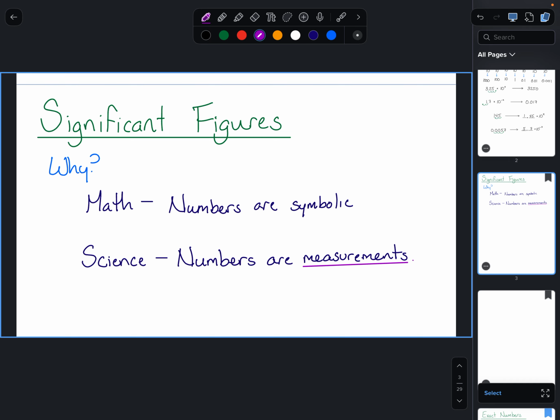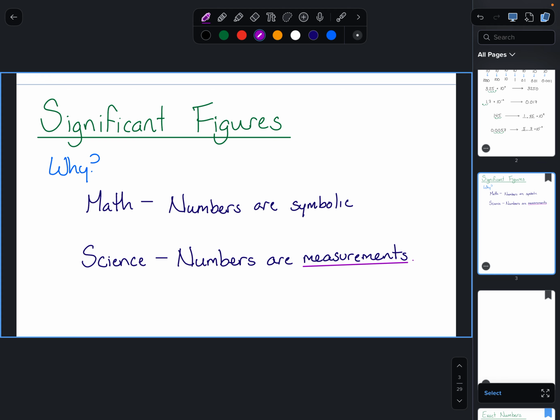You're never just going to have 2 floating around by itself. It's 2 grams or 2 centimeters or 2 liters. It always corresponds to some measured value. And we'll talk about what those units mean next class period. We got a bunch of different units depending on what it is we're trying to keep track of. But that's the big difference, is we're not just doing this math for the sake of doing math, right? We're doing them to analyze some measurements.